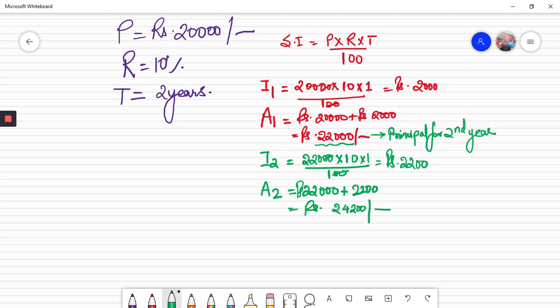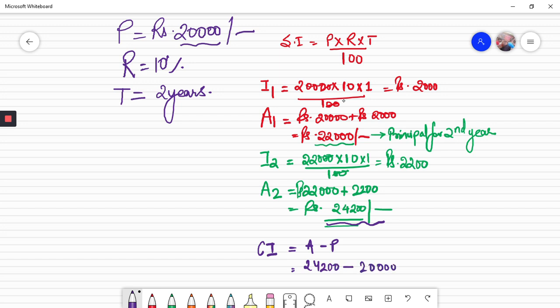Now lastly, you have to calculate compound interest by the formula, that is subtracting principal from the amount. So A minus P. Now the amount at the end of 2 years is this value, and the initial principal was 20,000. So this is 24,200 minus 20,000.